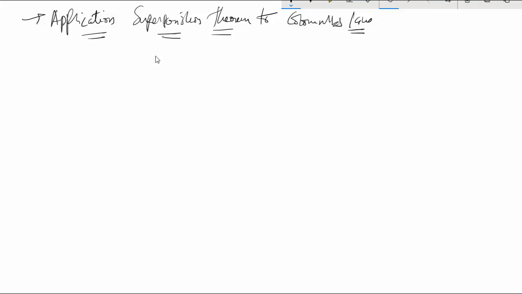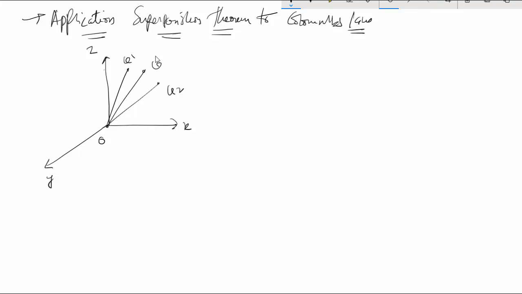So here is a point charge, and this is the origin of my system, and the system I am showing by a Cartesian coordinate system, which is x, y and z. So I have a point charge here which is q2, and then I have another charge which is q1, and I have another charge which is q3.